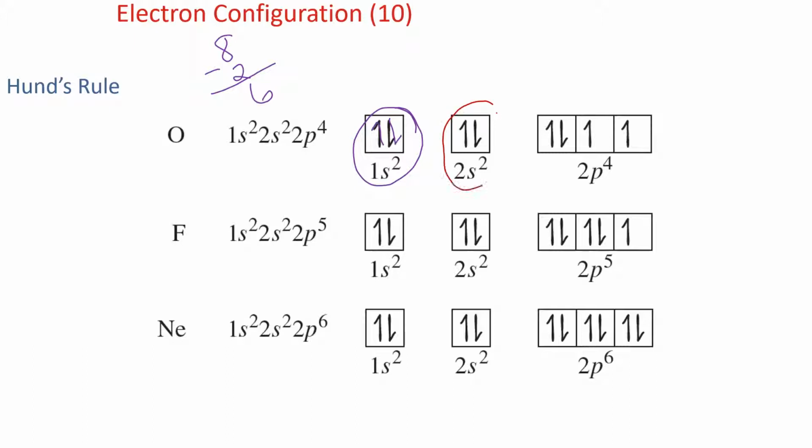Then 2 more are going to go into here. That's going to leave me with 4. Now what these rest of the electrons are going to do is they are going to go fill 1, 2, 3, then go back and double up. Okay? That's just the rule. Memorize it and move on.